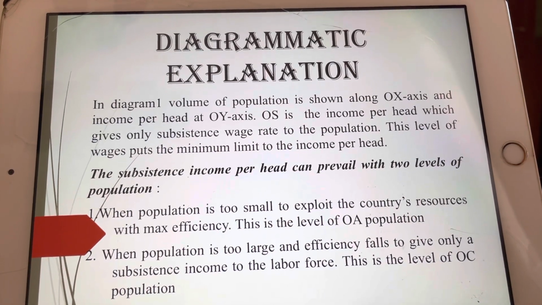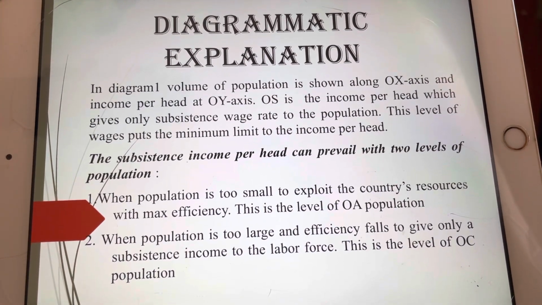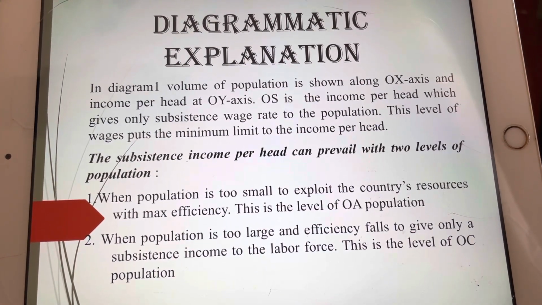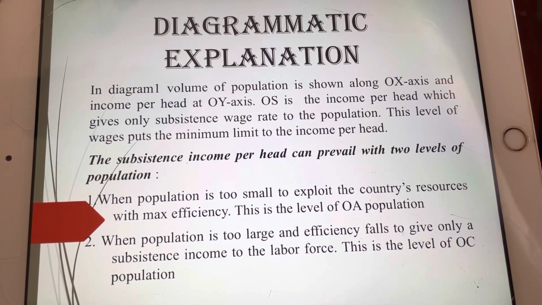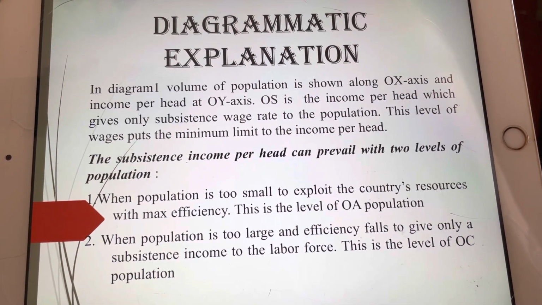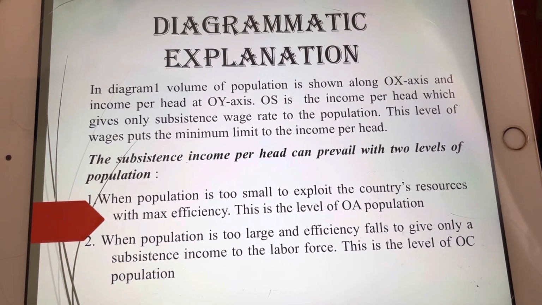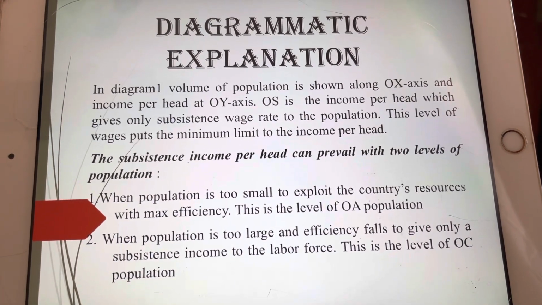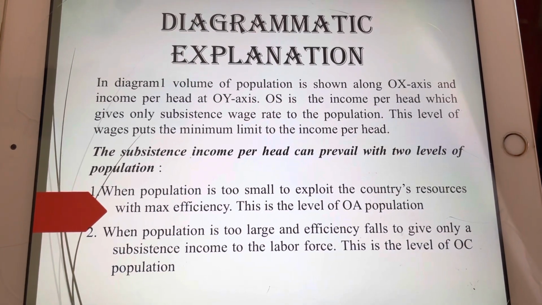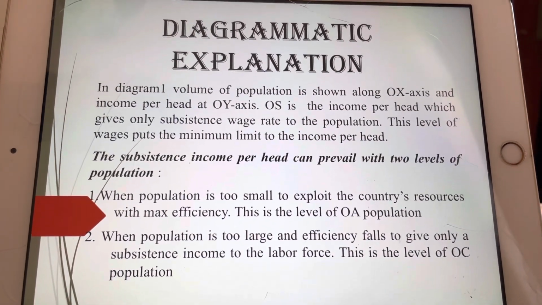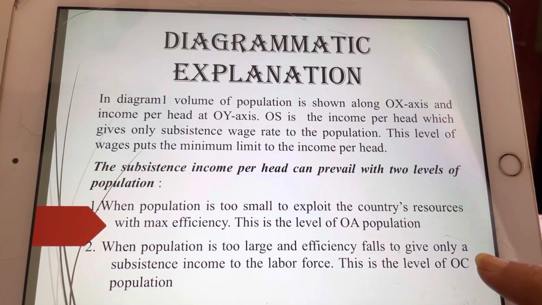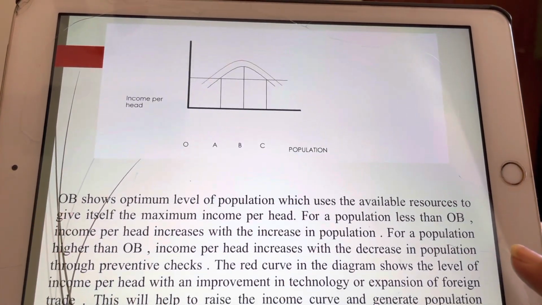In this diagram, which I have already shown to you, volume of population is shown along the OX-axis and income per head is shown on the OY-axis. OS is the income per head, which gives only a subsistence wage rate to the population.